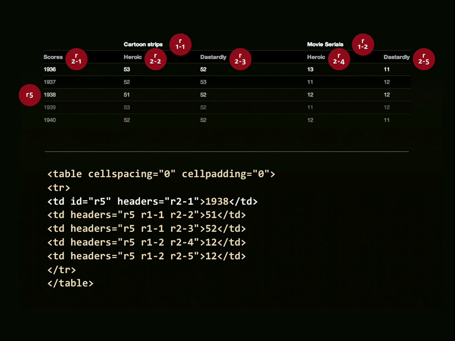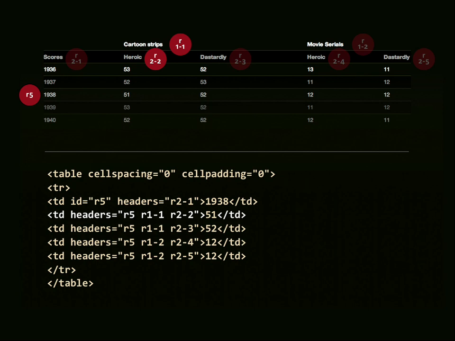With your header identities in place, your layered data cells can refer precisely to their associated headers. For example, the number 51 in the second column of the fifth row relates to header R5, which contains 1938, as these heroic deeds occurred that year.